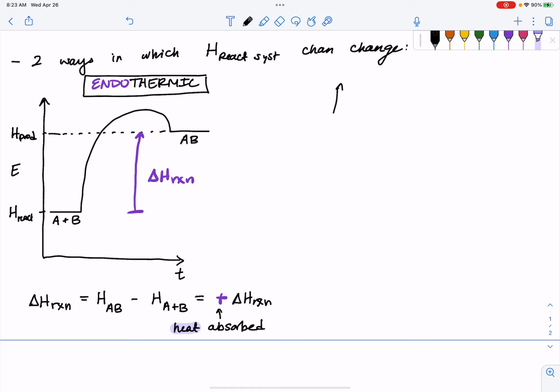So let's do a comparison then about the opposite scenario. So what if, over the course of our reaction runtime, we started at some initial reactant state. Let's look at, how about the exact inverse of this reaction? So let's look at the decomposition of AB. So this is our reactants.